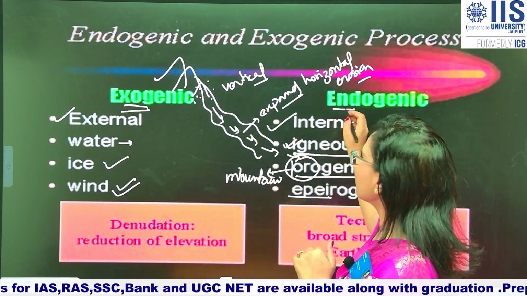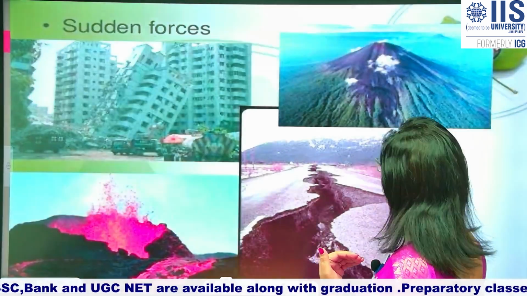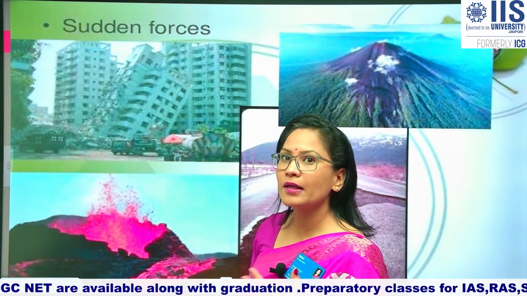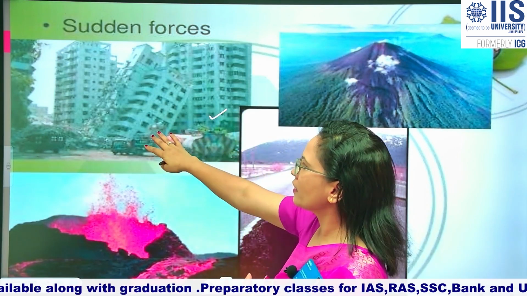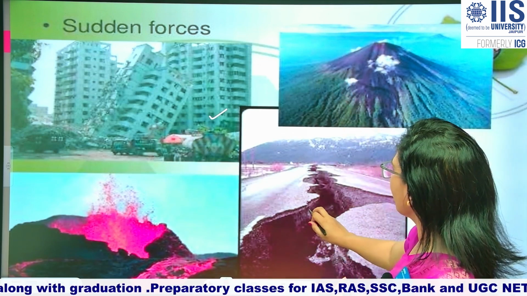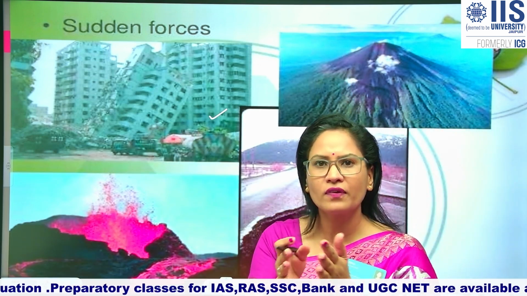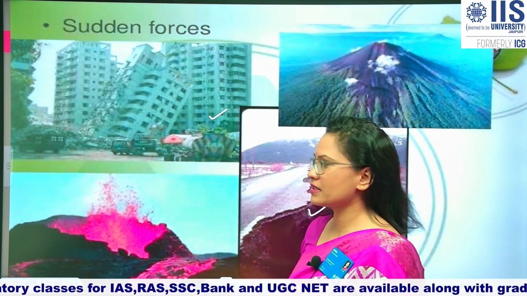And these are occurring inside the earth. Sudden forces, as we discussed in the previous slide, what are the examples of sudden forces? I discussed the earthquake, right? And because of earthquake, many kinds of rifts, cracks, fractures occur on the earth's surface.